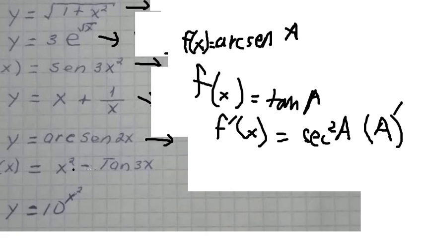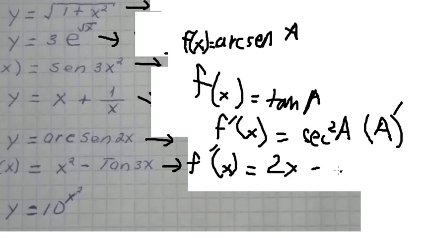Now we get 2s minus 3 secant of 3s squared. Because the first derivative of 3s, you get number 3 in here.